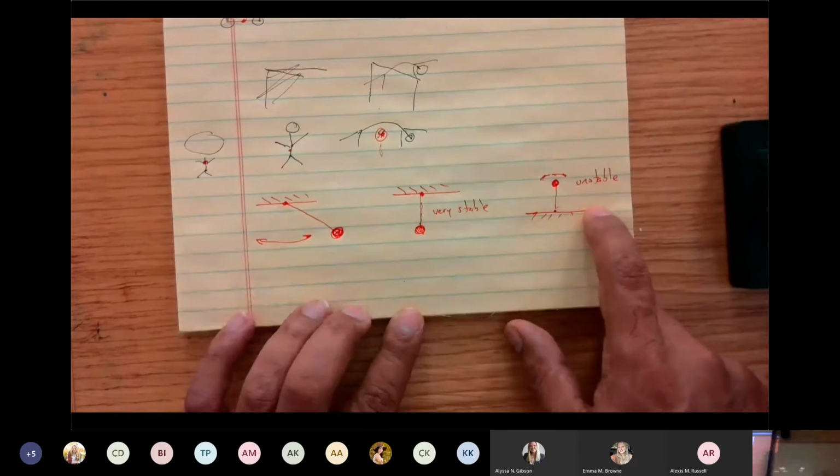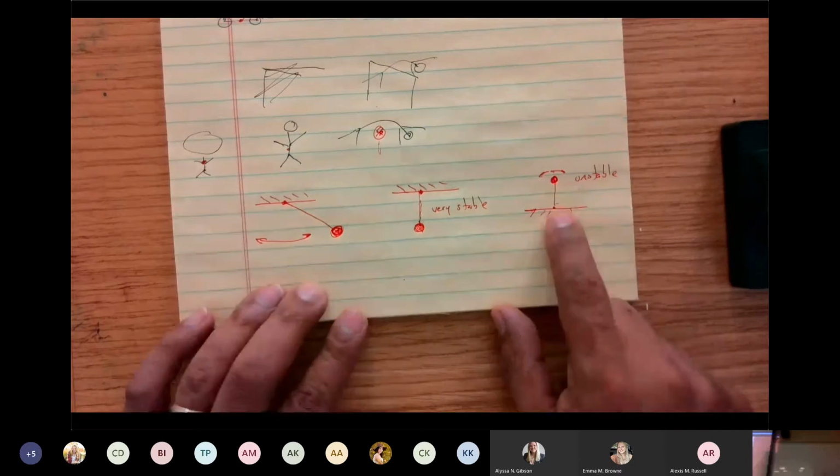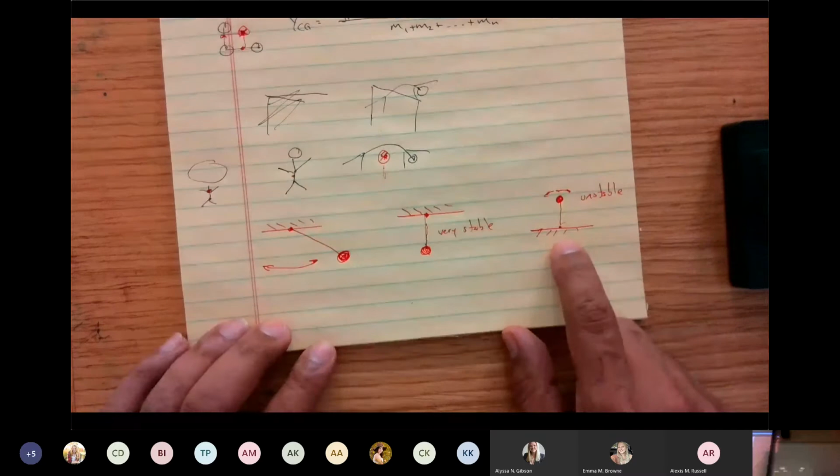And you can see this if you try to stand completely still, it's really, really hard. You're always going to be moving a little bit. Your legs are going to be twitching, your shoulders are going to be moving. It's more obvious if you are on tippy toes. You are constantly moving to make sure that your center of gravity is exactly above your pivot point.